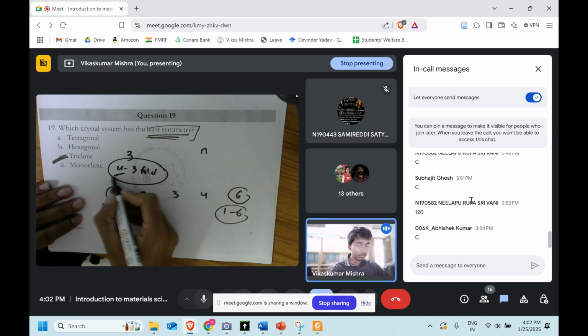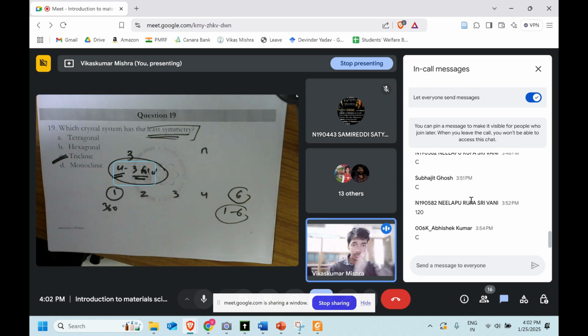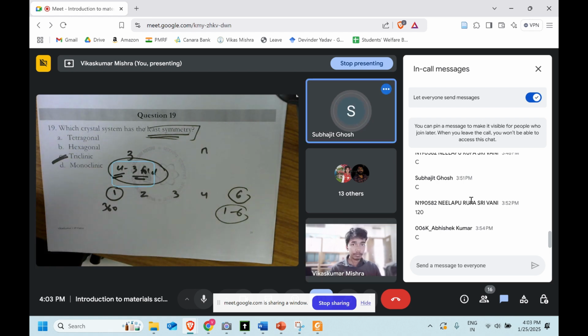So the cube is the highly symmetrical one, the most symmetric among the seven crystal systems. Cubic is the one which is highly symmetrical.